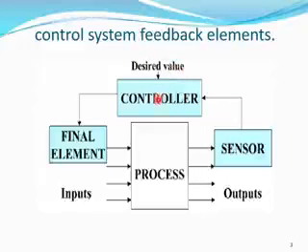The controller receives the signal, processes it, compares it to the desired value, measures the error, and generates another signal according to the software, according to the program, and sends it to the final element. The final element receives the signal and changes it into action. For example, open a control valve or close a control valve, start a pump.